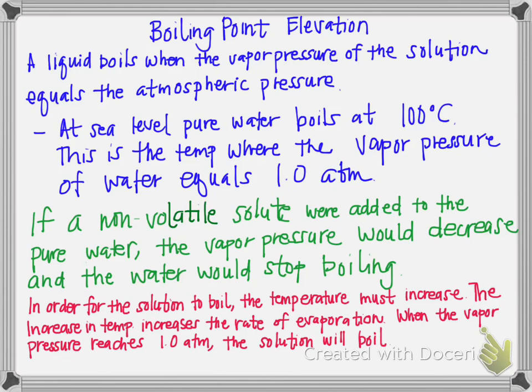In order for that solution to boil, we must increase the temperature. And by increasing the temperature, that's going to cause the rate of evaporation to increase, which then therefore the vapor pressure will reach 1 atmosphere. And when that vapor pressure reaches 1 atmosphere, the solution will boil.